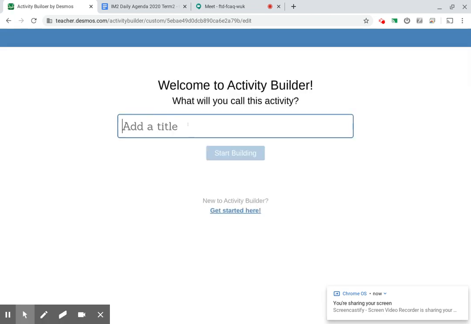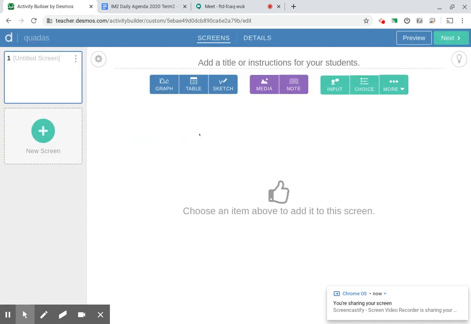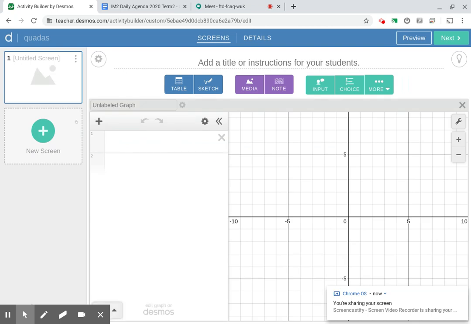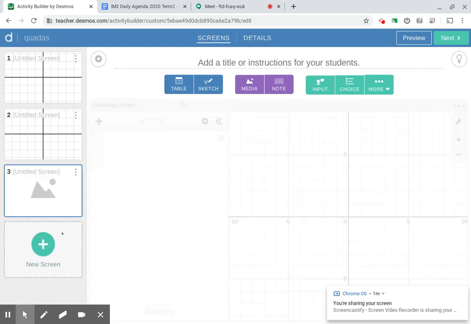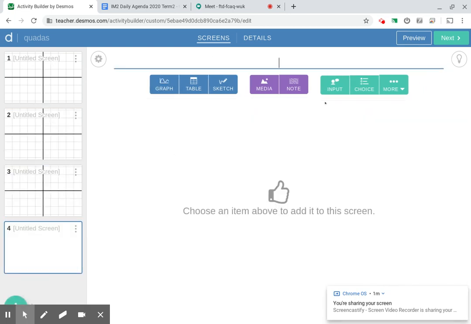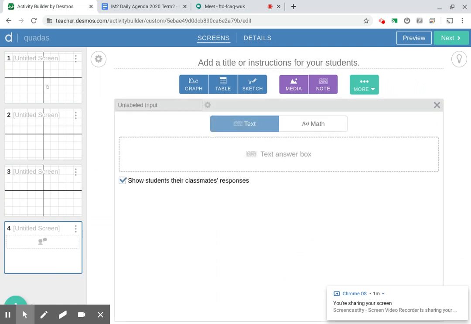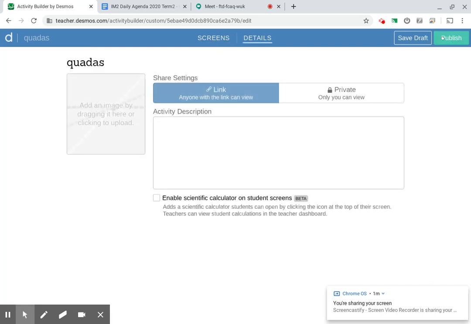I'll make 3 screens, quads. Graph, and then another graph, and then some input. Okay, so let me save this, publish.